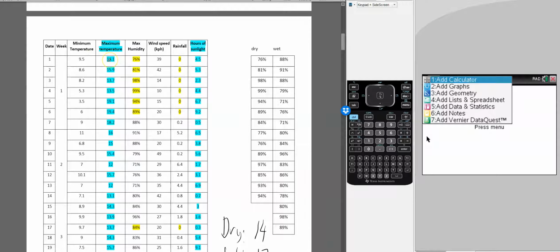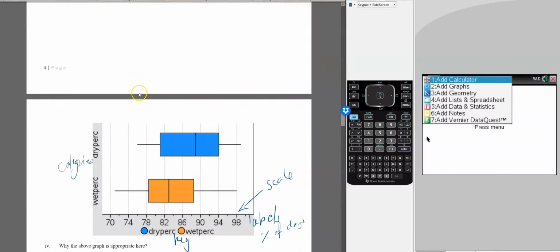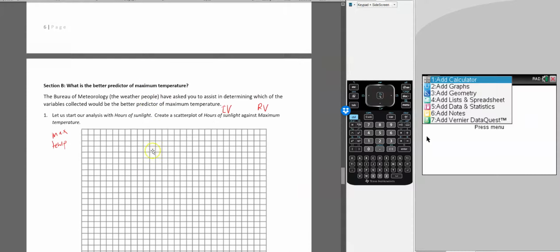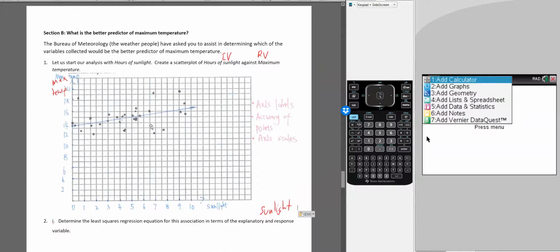So you go across 4.5 and up to 14, across to 5.3, up to 15.9, across to 2.3, up to 13.7. And after you plug in all those points, you should get something that looks like this. Magic.